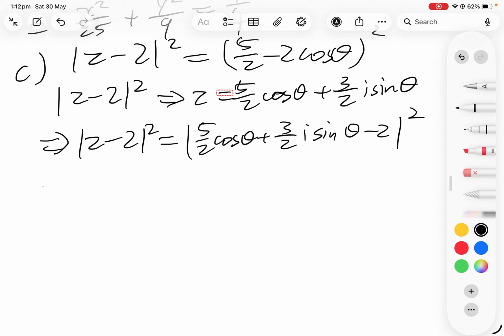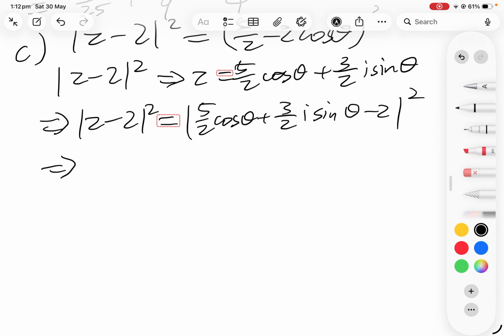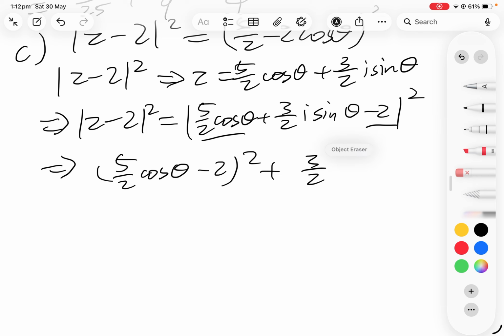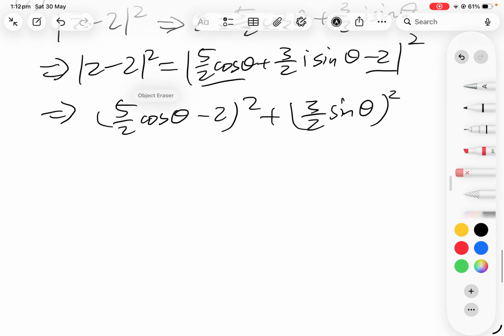And as we said, we just have to separate the imaginary and complex parts. Real and complex parts. So real is these two parts. So we just do 5 over 2 cos theta minus 2 squared plus 3 over 2 i. Not i anymore because we're doing the magnitude kind of thing. Squared. And then the square and the square root cancel out, so it's just equal to this.